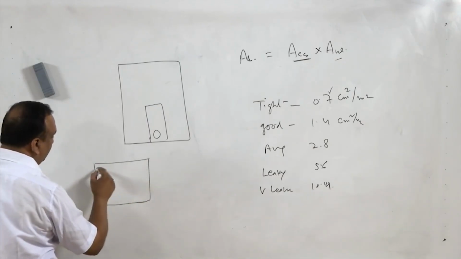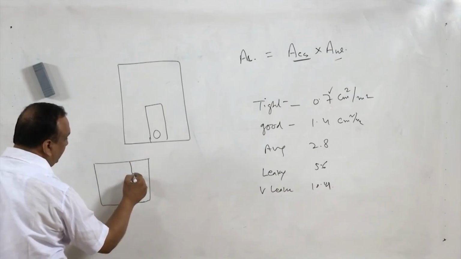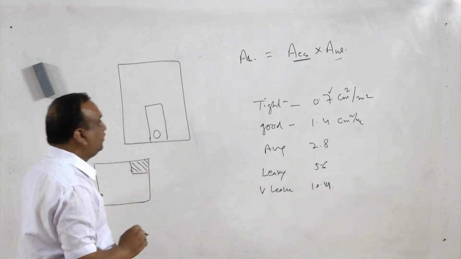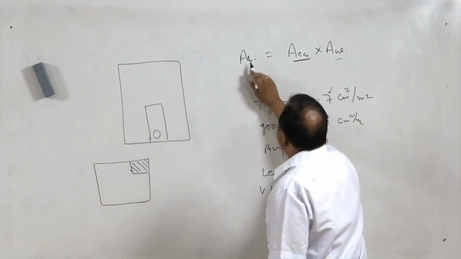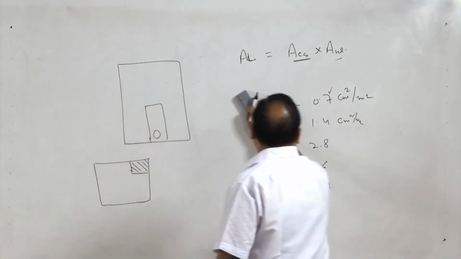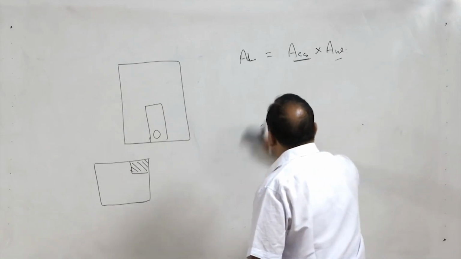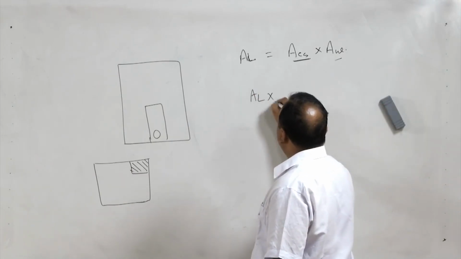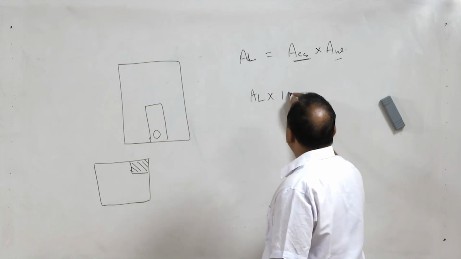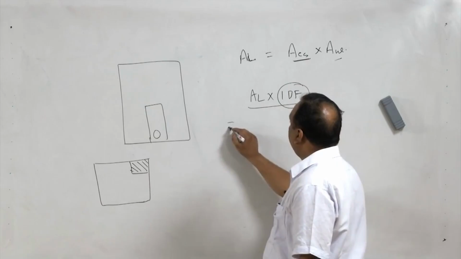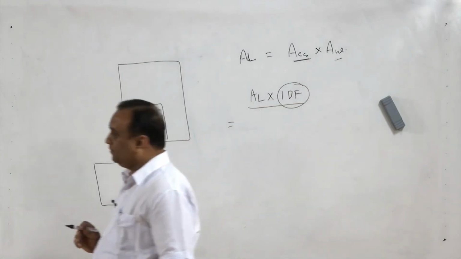Then we get a leakage area, and this leakage area is multiplied by the infiltration driving force, IDF, and we get the total infiltration in the building.